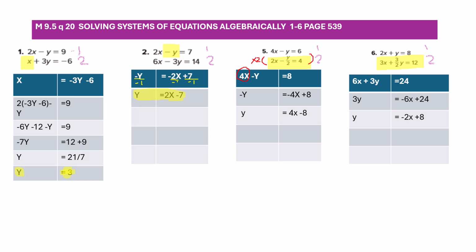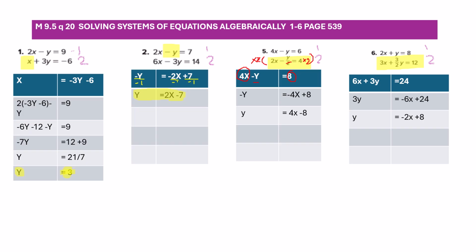This 2 will cancel with the 2 here, therefore you're left with minus y. And 4 multiplied by 2 will give me 8. So this is how I get this equation: minus y is equal to negative 4x plus 8.